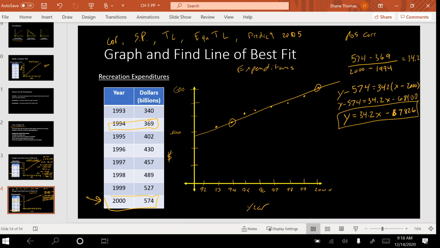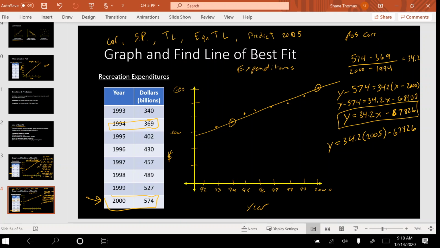I plugged it into my equation, so then I want 2005, so I plug a 2005 in. Y equals 34.2 times 2005 minus 67826. What's that going to be? Calculator.